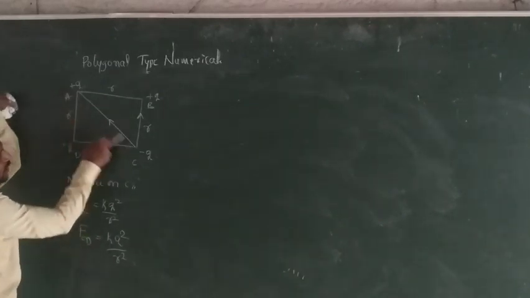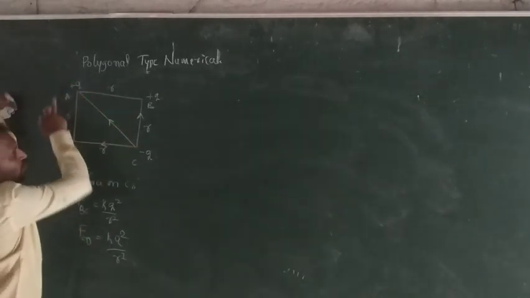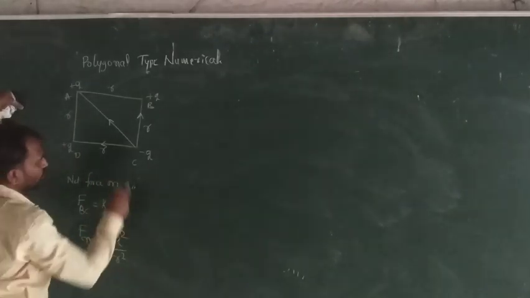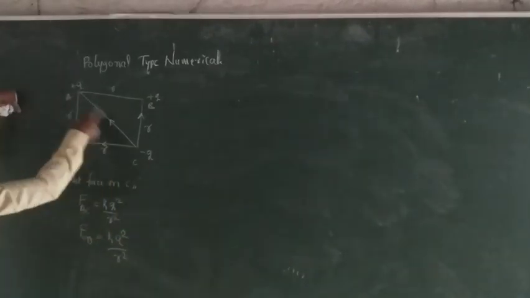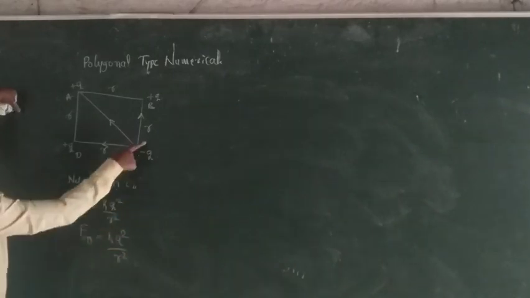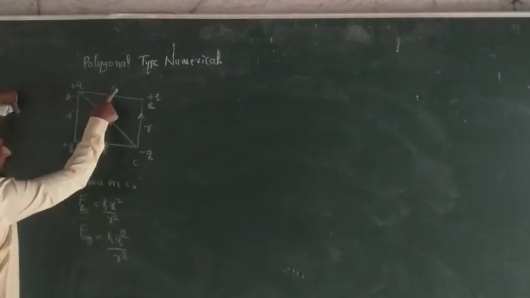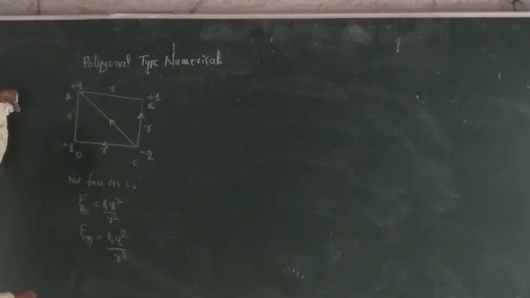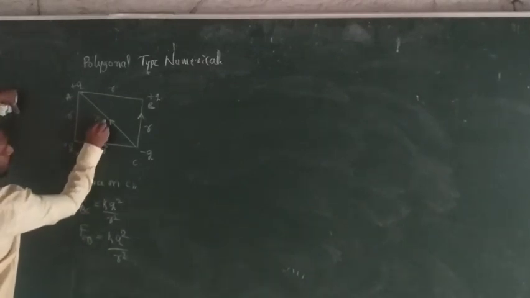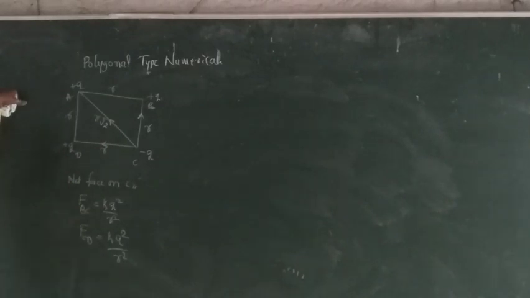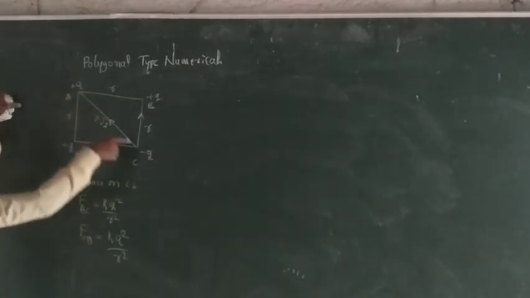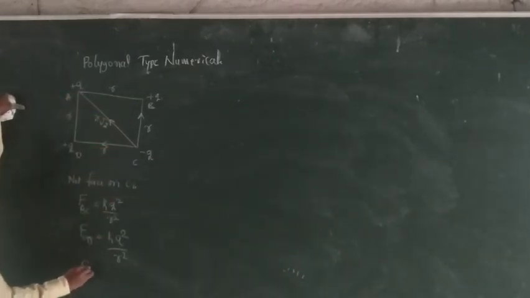How to find the distance between these two charges? By using the Pythagoras theorem: r square plus r square, it means root 2r whole square, so we get r root 2.